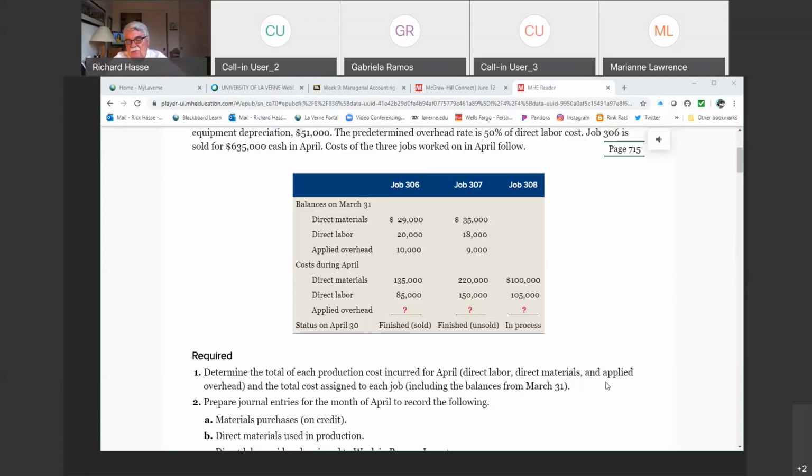Remember, overhead, as we saw in chapter 18, is made up of numerous amounts of costs. Factory this, factory that, depreciation, indirect, utilities, a bunch of things. So many times companies can't wait to account for all those costs. They apply overhead at a designated rate.